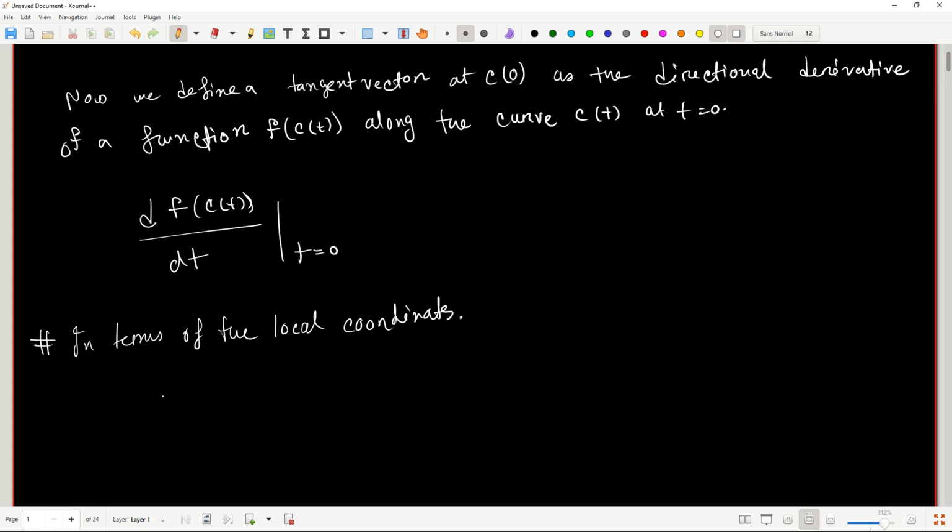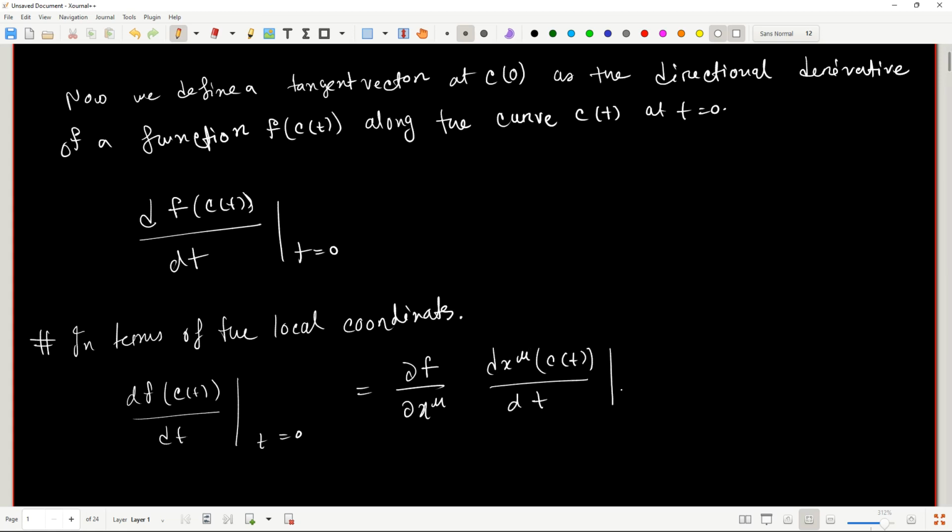we write this thing as follows. Note that this is nothing but the chain rule in Rm, and these x's are your local coordinates.